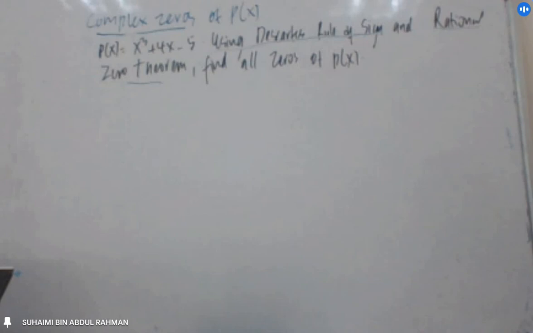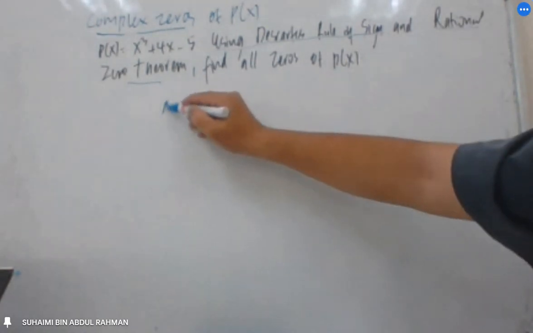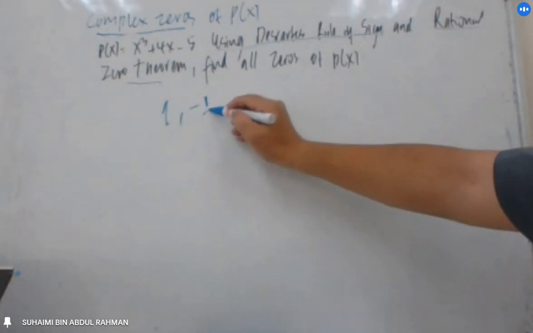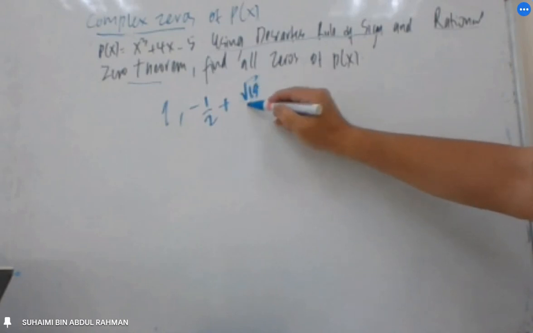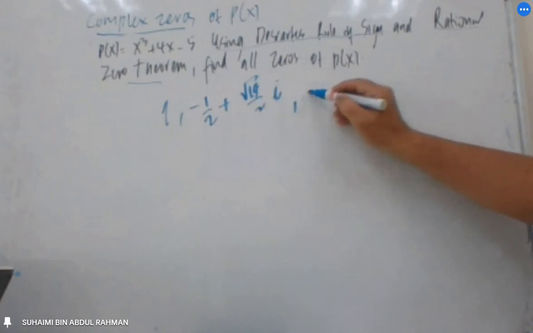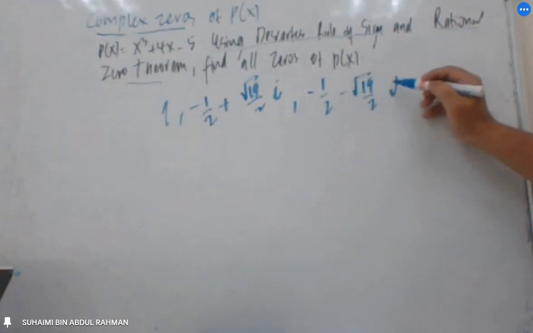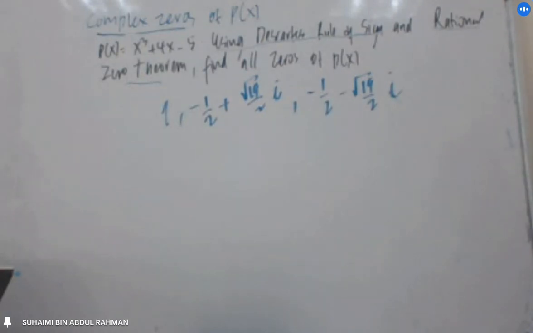Try to get the zeros of this polynomial. You're supposed to get 1, minus 1 over 2 plus i, minus 1 over 2 minus i. 3 zeros.